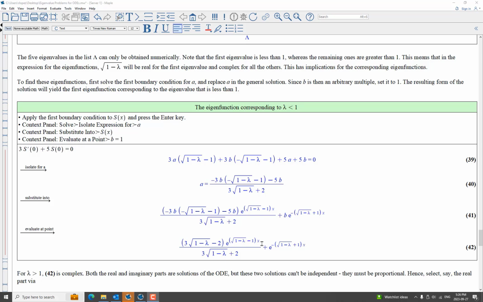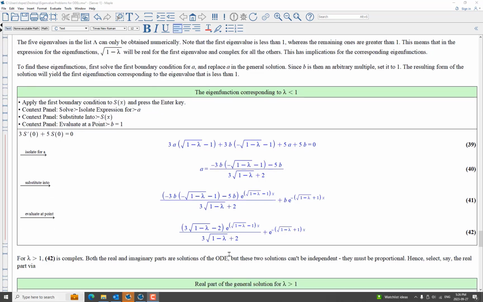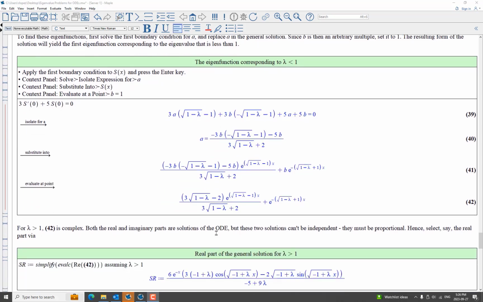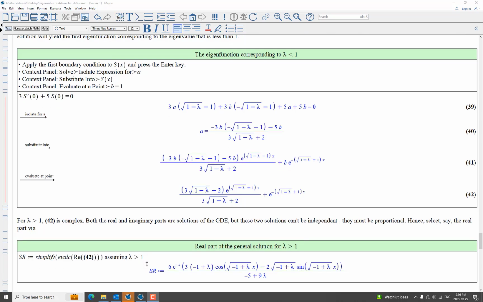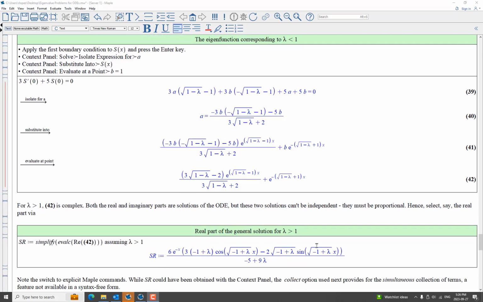And they both can't be solutions because they can't have these two different independent solutions. So they've got to be proportional. So I'm going to take the real part. I'm going to take the real part under the assumption that lambda is greater than 1. So I get this as the real part.